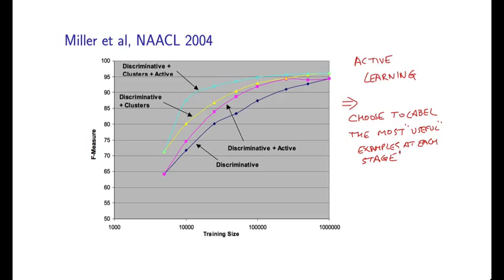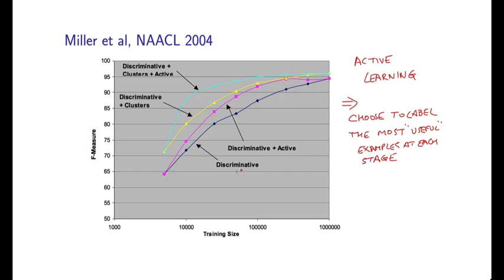And so in this way you end up, rather than repeatedly labeling examples for which you already have a very good idea of what's going on, you choose examples which are more challenging and which essentially contain more information for the current learning algorithm. So that's active learning. It's the idea that you can dynamically select examples based on how informative they are. This is well known to give some pretty significant reductions in the amount of training data that's required.